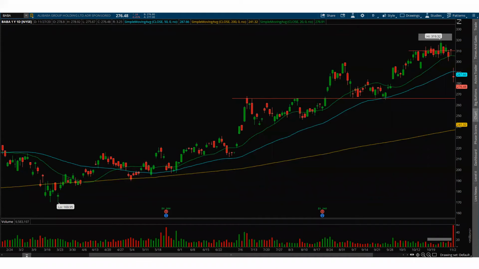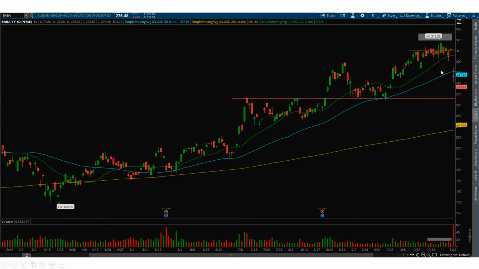I'm going to show you a couple of examples. I talked about BABA, and this is an example on the daily chart. If you look at this daily chart, in this 310 area, Nick had talked about this area all along. Now look at the volume on BABA.